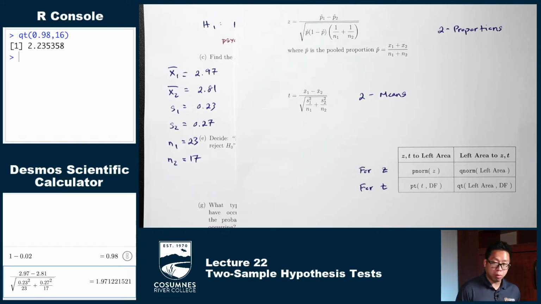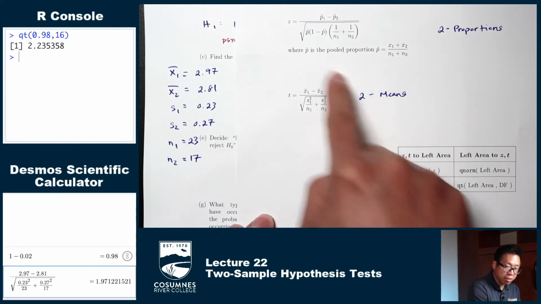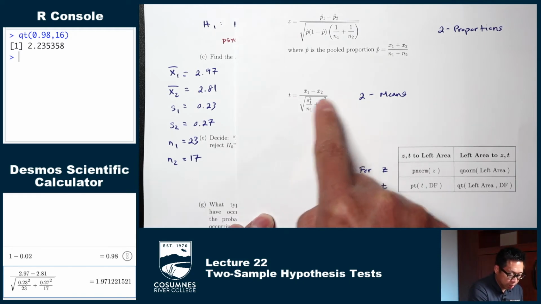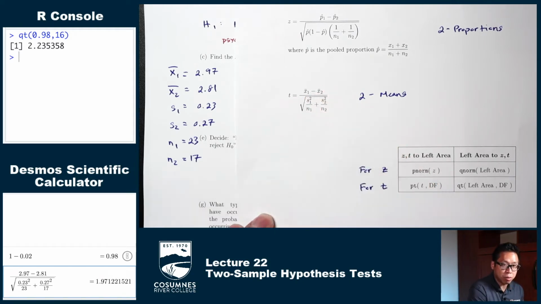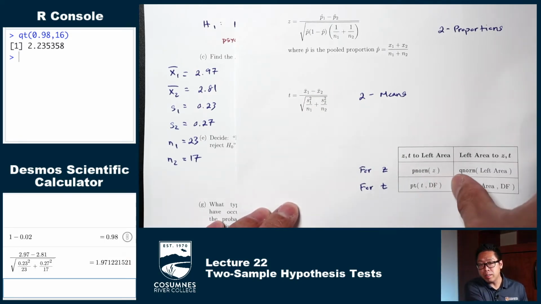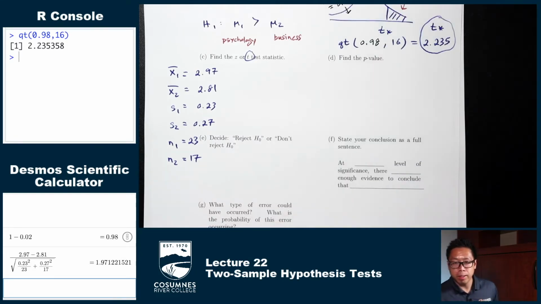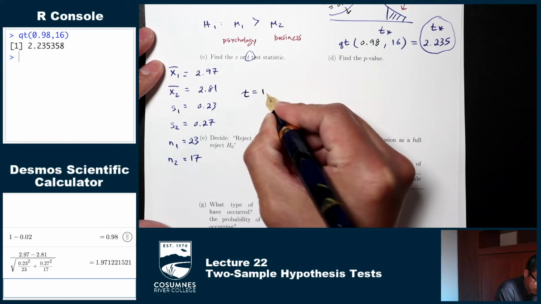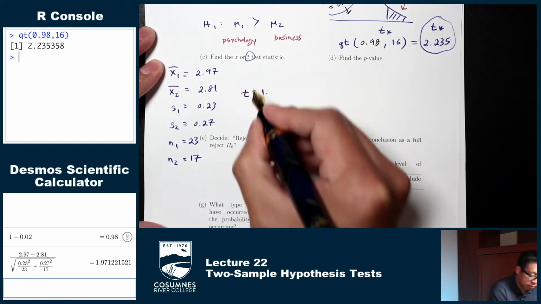Make sure what you see on Desmos looks exactly like the formula here. In particular, make sure that these two fractions on the bottom are inside that square root. And then hit enter. So I get 1.971. Okay, this is a t. 1.971.